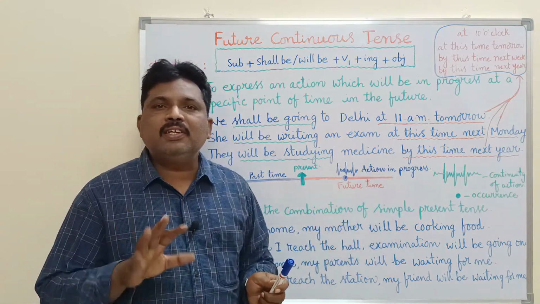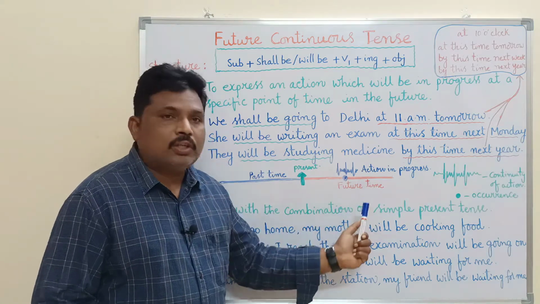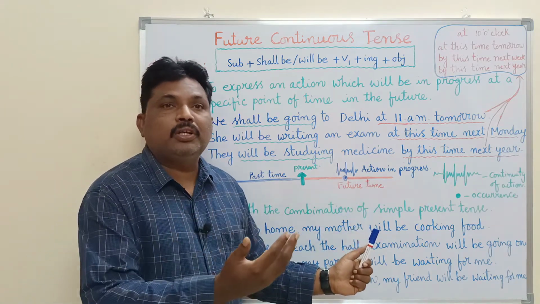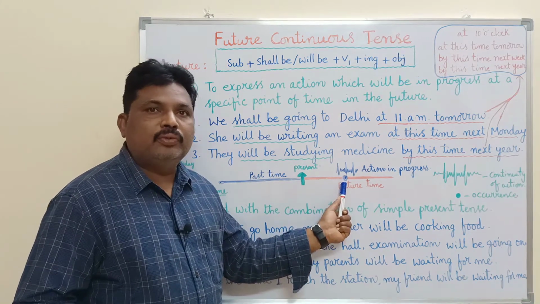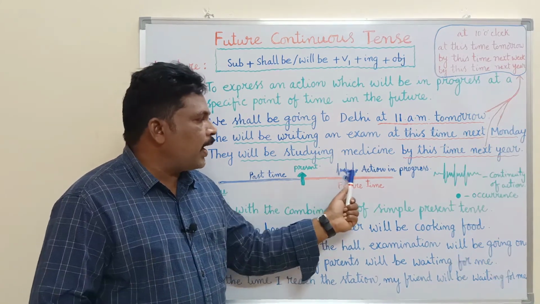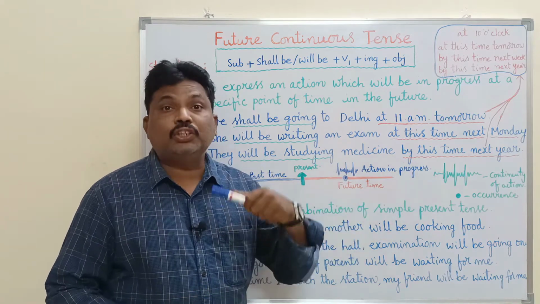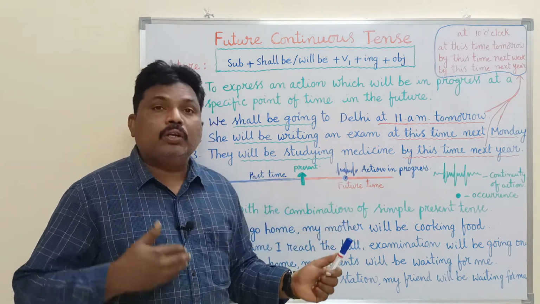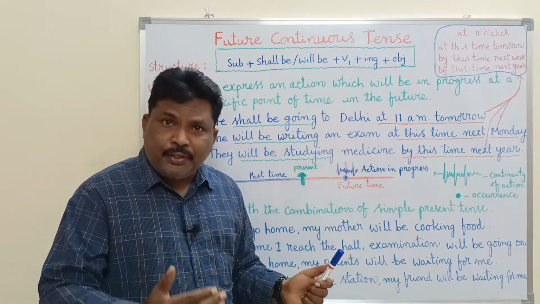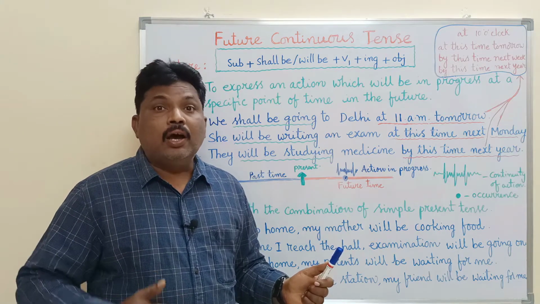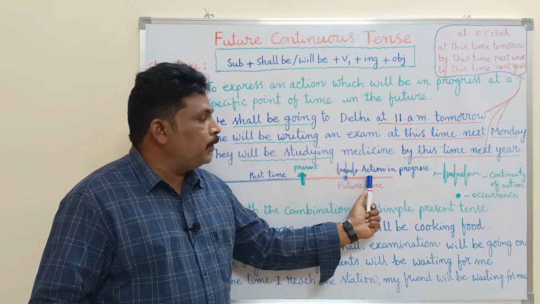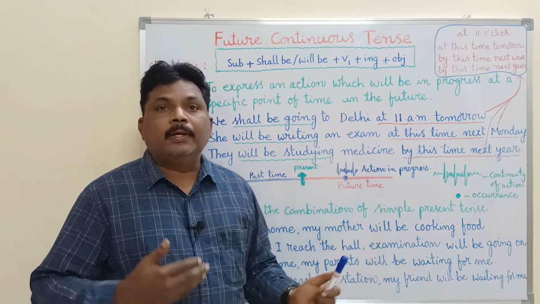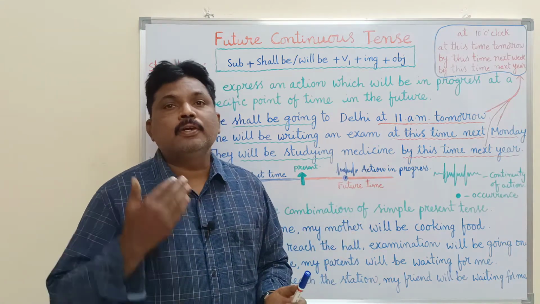We have not seen the future time; it is the time that is to come. Imagine at a specific point of future time, action in progress. When we talk about the continuity of actions, or actions which will be in progress at a specific point of time in future, then future continuous tense is used.